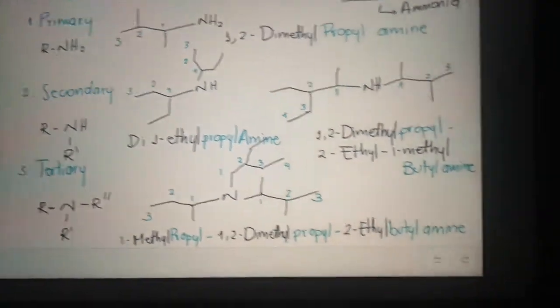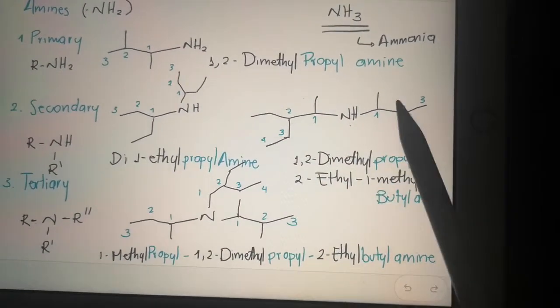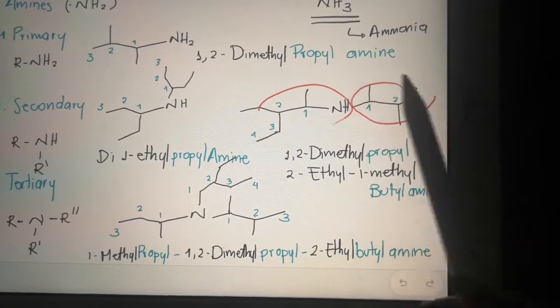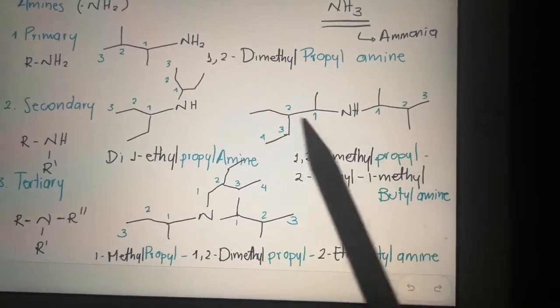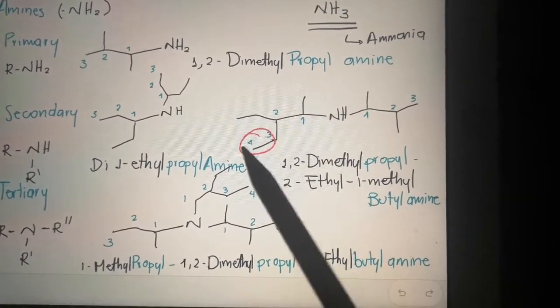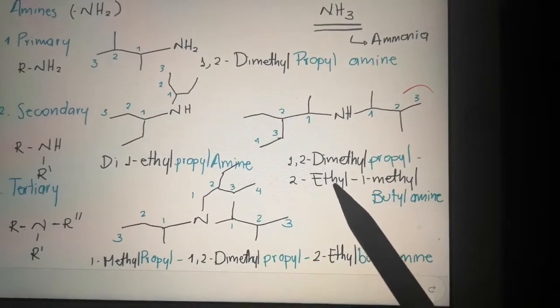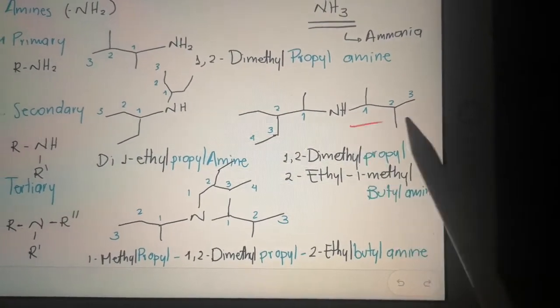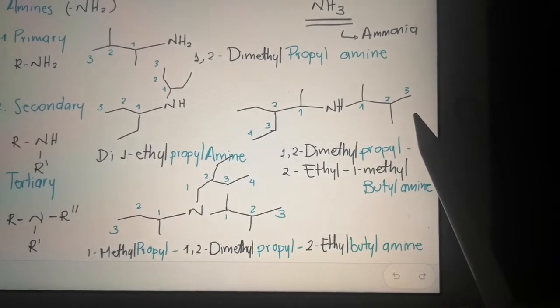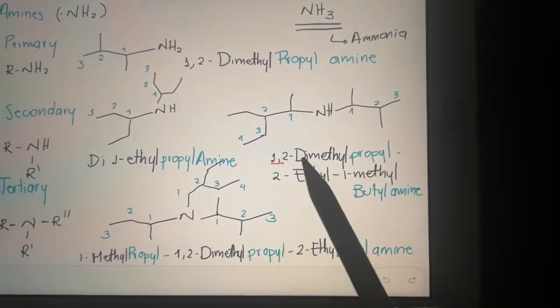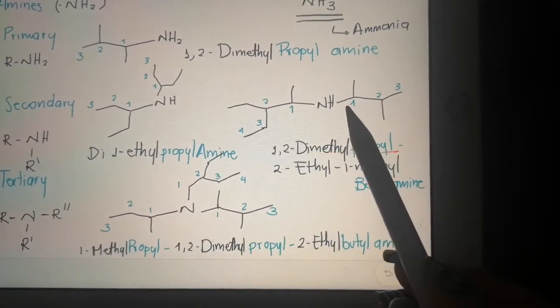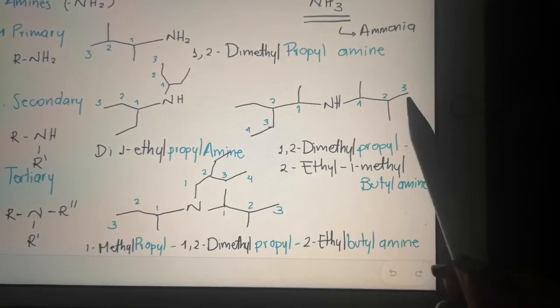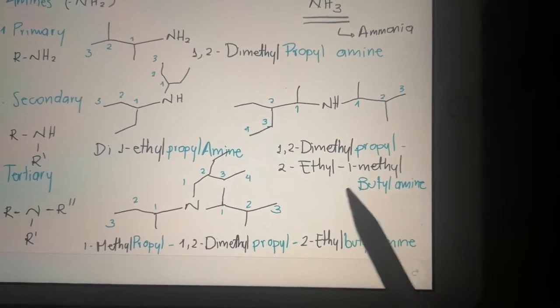What happens when it is not? Can you see here you have 2 branches or 2 hydrocarbon chains that are different. It has 4 carbons, it has 3 carbons. I will start with the shortest one, always, guys. So 1,2-dimethylpropyl, look at this, propyl, because it has 3 carbons.